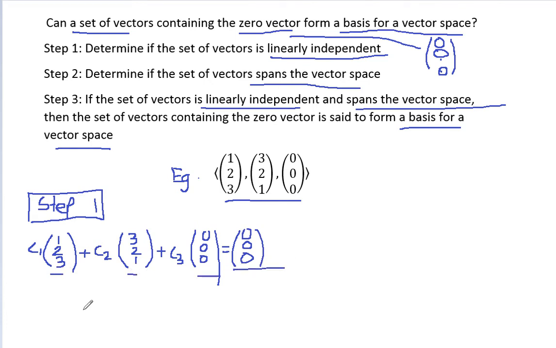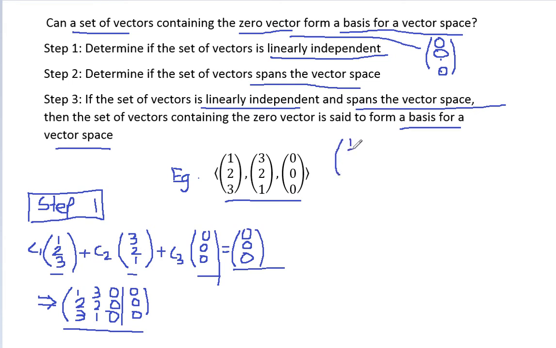So we can write it in this form: 1, 2, 3, 3, 2, 1, 0, 0, 0, and 0, 0, 0. This is our augmented matrix, and now we are going to reduce it to reduced row echelon form.